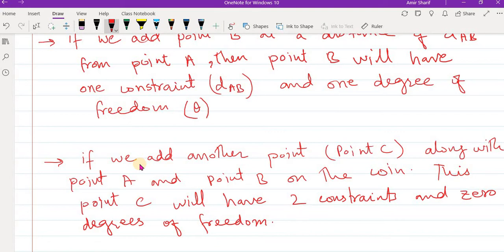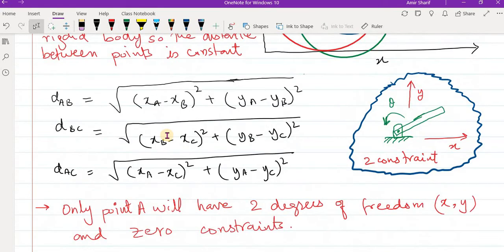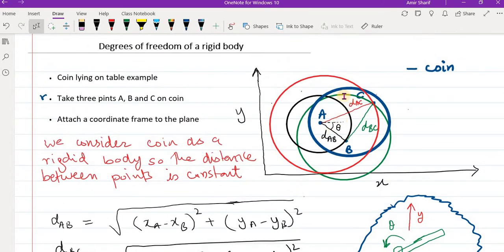And similarly, if you add more points on this coin, it will also have 0 degrees of freedom, because there will be more constraints than degrees of freedom.